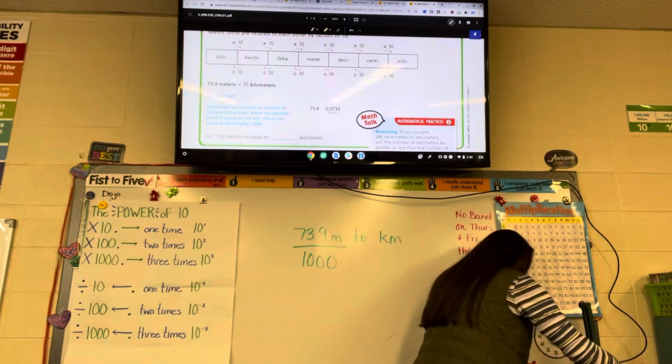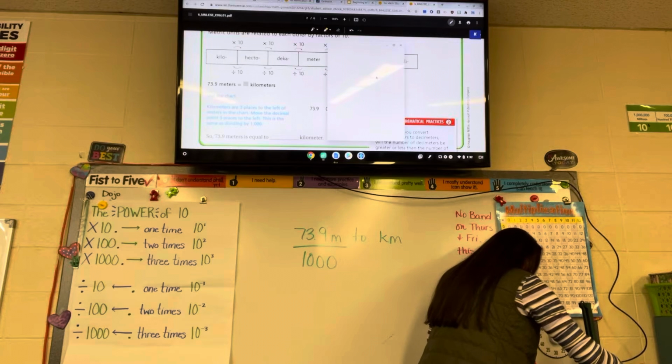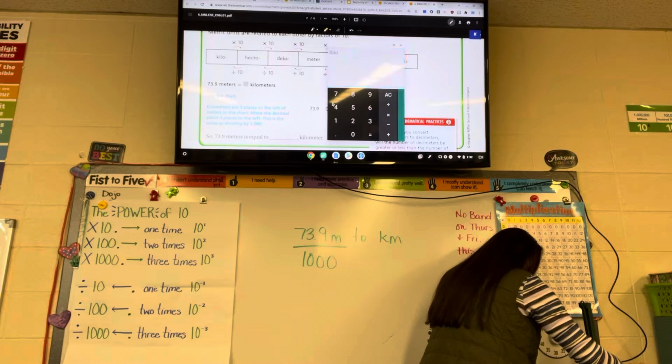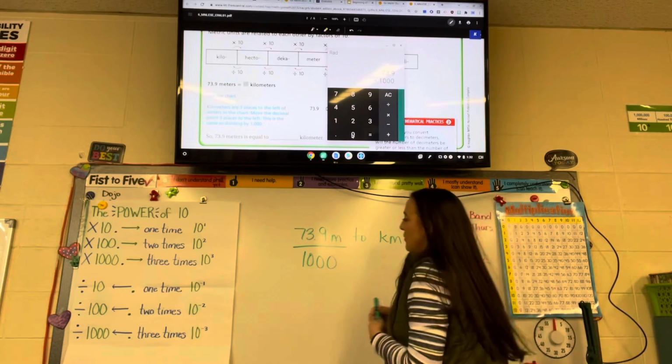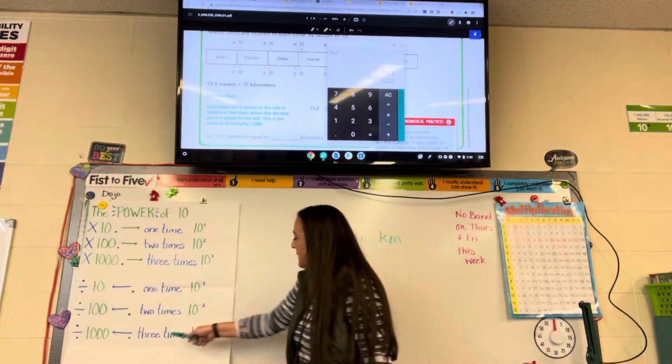So 73.9 divided by 1,000. Okay, when we divide by 1,000, our decimal point moves to the left 3 times.